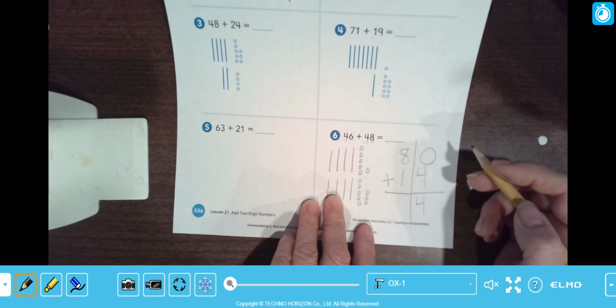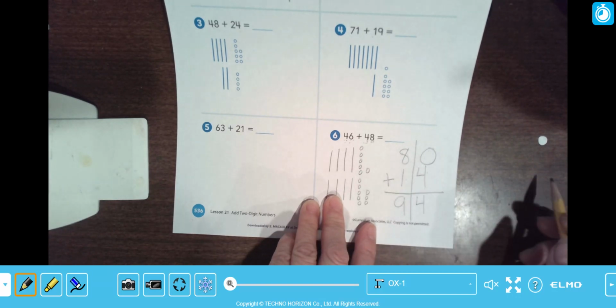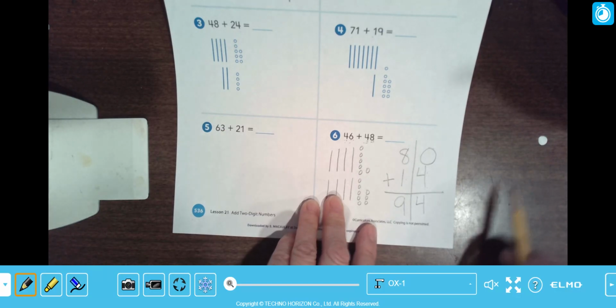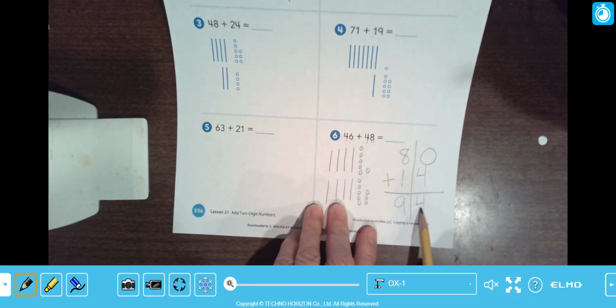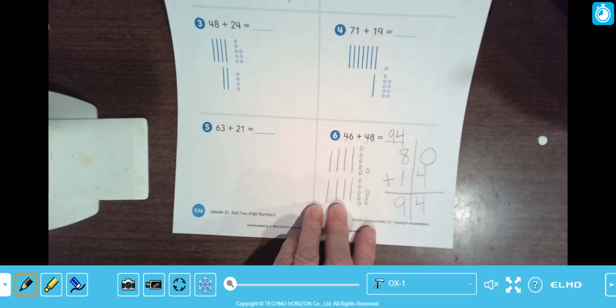How many is that? Yeah, it's 9 tens. Let's write that down, 9 tens. So how much is 9 tens plus 4 ones? Yeah, it's 94, right? Let's write down 94 here. There we go.